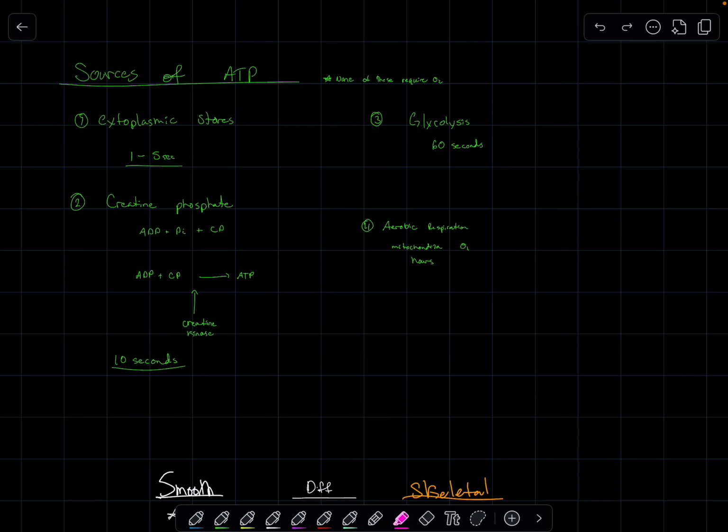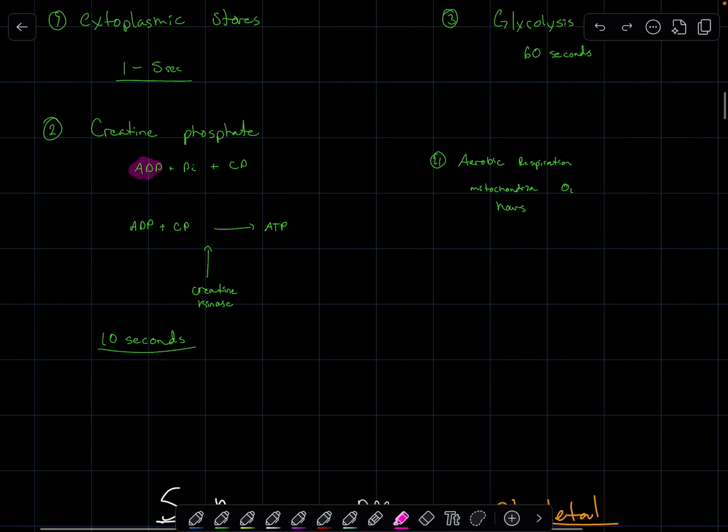We'll move on to creatine phosphate. Creatine phosphate is what allows ADP to be phosphorylated with a phosphate. This just allows ATP to be replenished more.